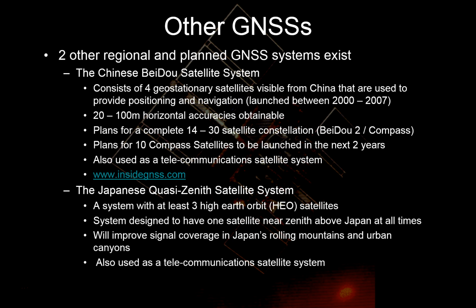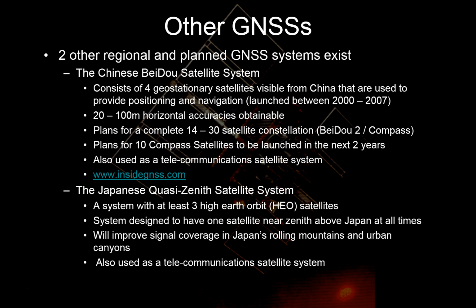So again, GPS is what we're going to be primarily concentrating on, because it's the most widely used. However, I would say it's pretty safe to say that most modern GPS or GNSS manufacturers will be producing GPS plus GLONASS systems, as well as others coming on board. Right, as more and more satellites for BeiDou get launched and more satellites for quasi-zenith get launched, the manufacturers might start producing other supporting systems.